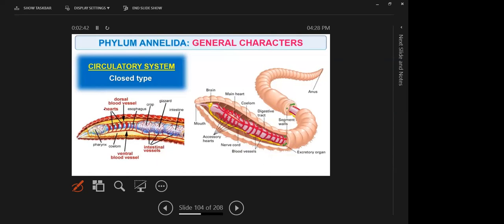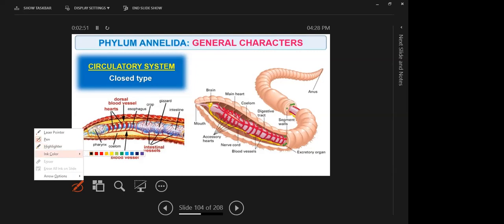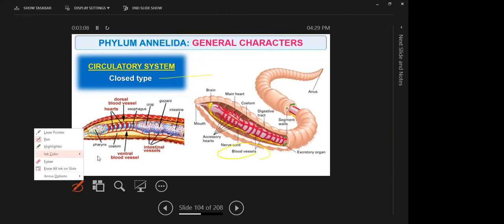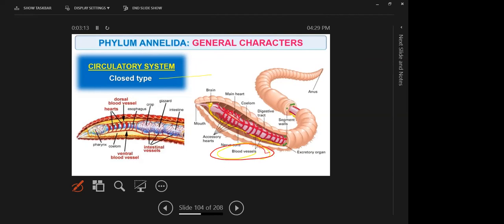I already gave you the answer, closed and open are the two types of circulatory system. So what is a closed circulatory system? They lack vessels and tubes. Very good. Where the blood runs through a particular channel called vessels, blood capillaries. You can see blood vessels are clearly present here. There is a pharynx, coelom, the body cavity.